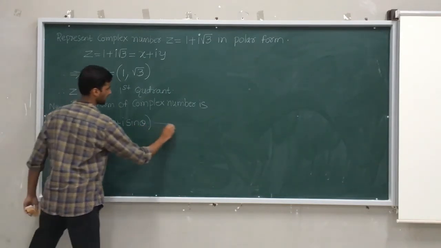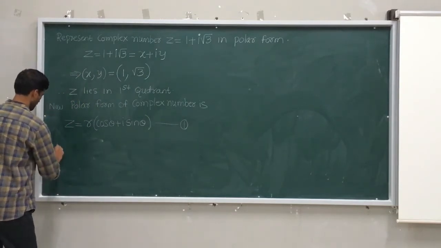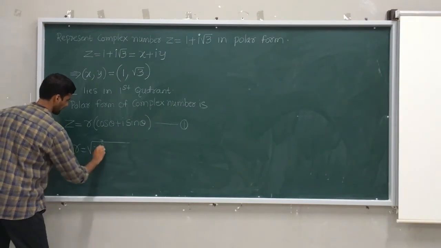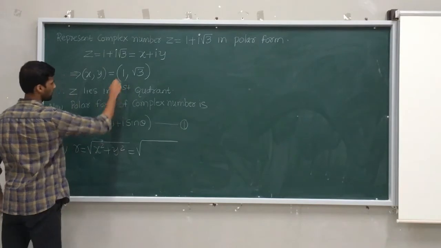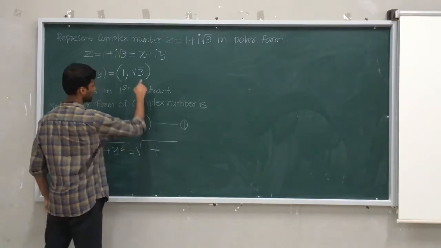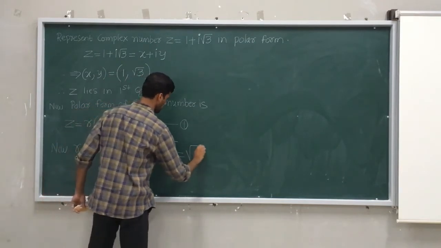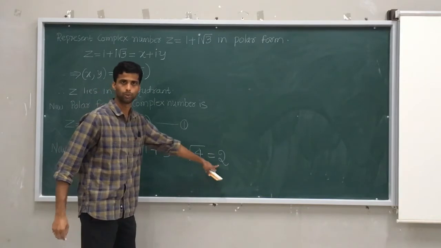I'll call this equation 1. Now what is r equal to? r is nothing but square root of x square plus y square, which is nothing but, what is x here? 1. 1 square is 1, plus y, y is root 3, root 3 square is 3. So it gives me root 4. So I got our answer, which is 2.